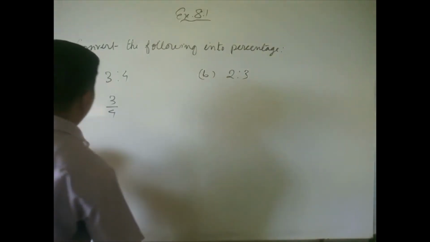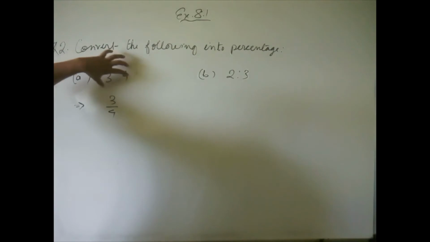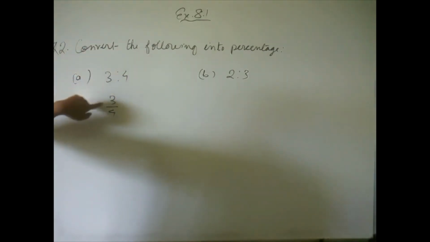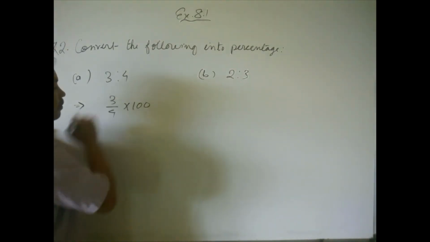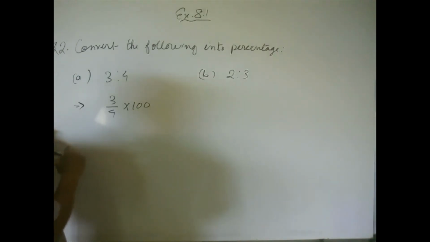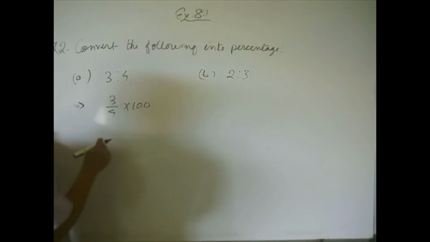Okay, see, they are not asking about the individual parts, but the whole. So 3 is to 4 is 3 by 4. Then to convert into percentage, just multiply with 100.